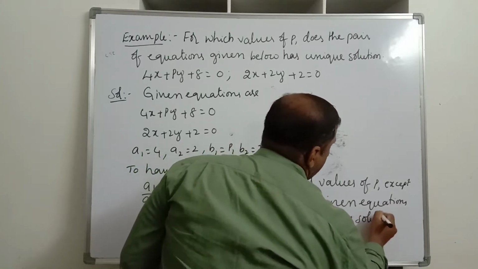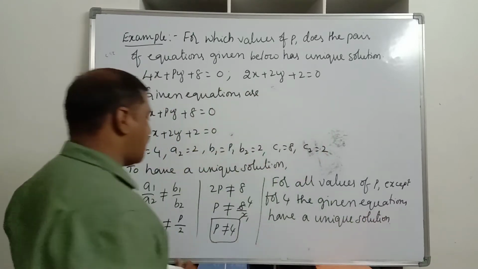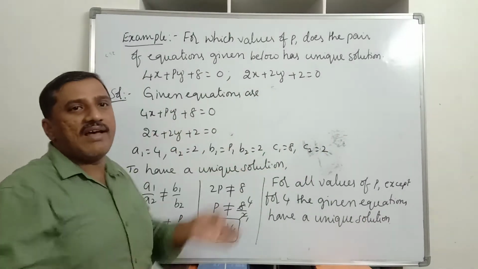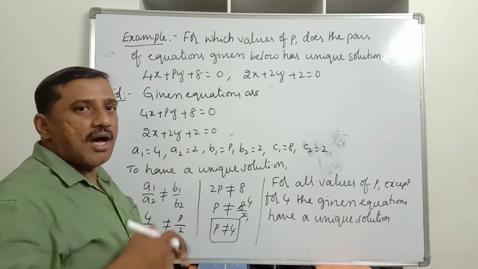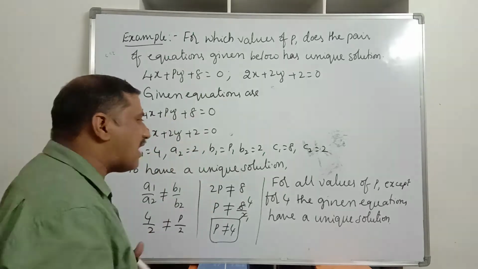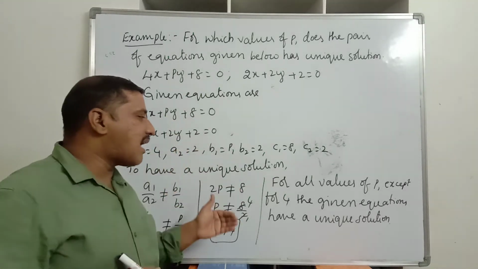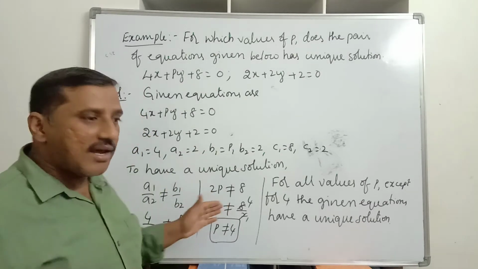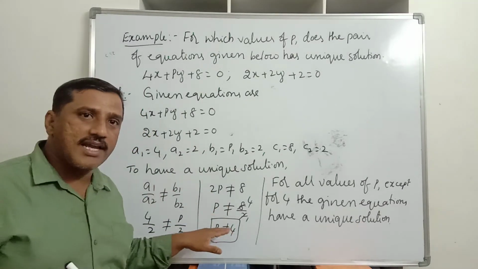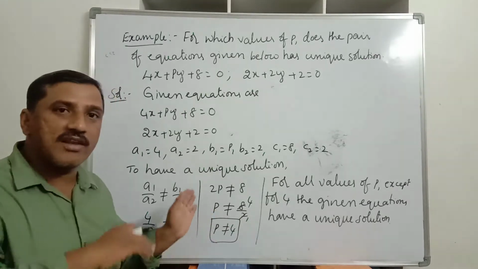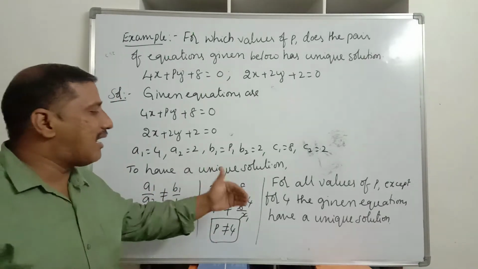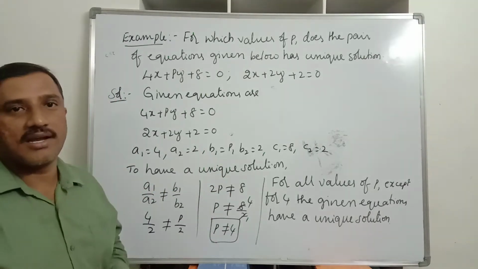So here p is not equal to 4 we got. Except for 4, all the values like 1, 2, 3, or 6, 7, minus 1, minus 2, all those values of p can have a unique solution. Other than 4, for all values it will have a unique solution. Is it clear, children?